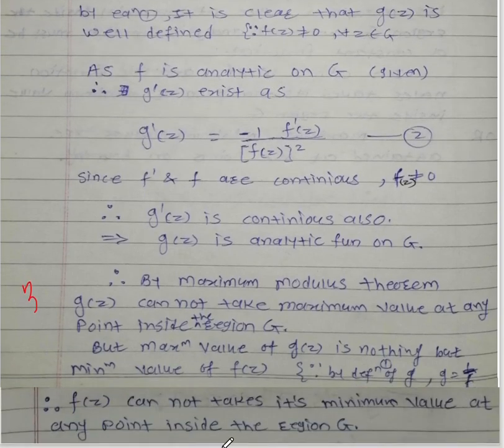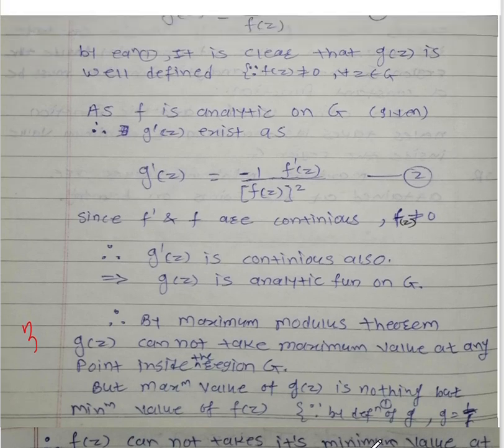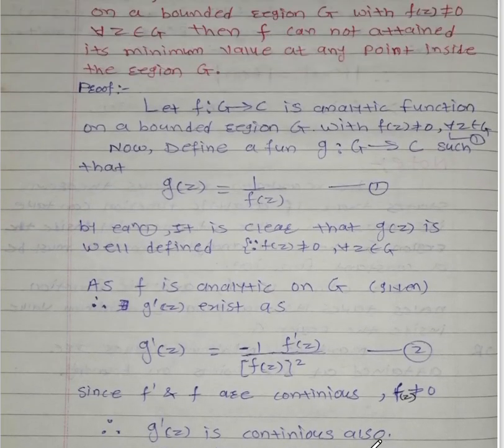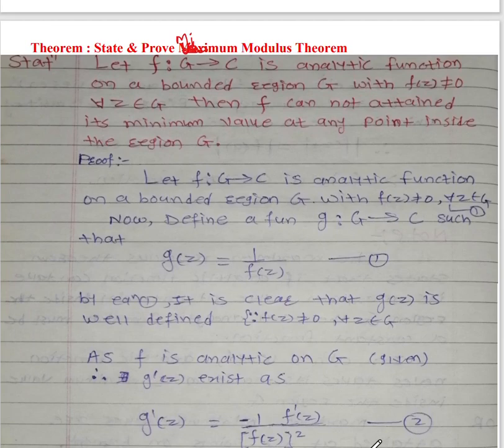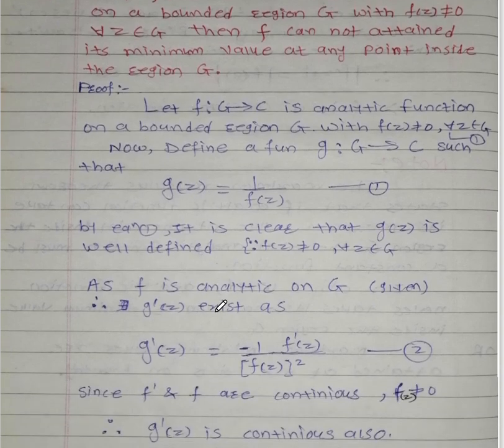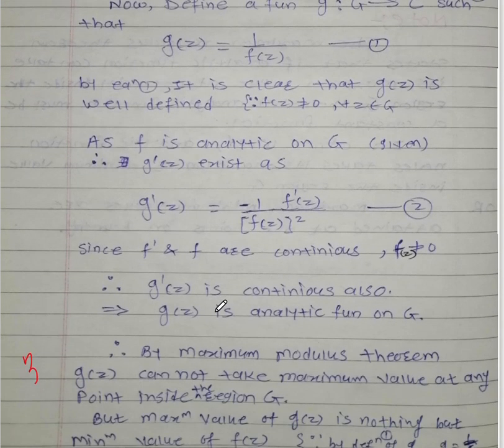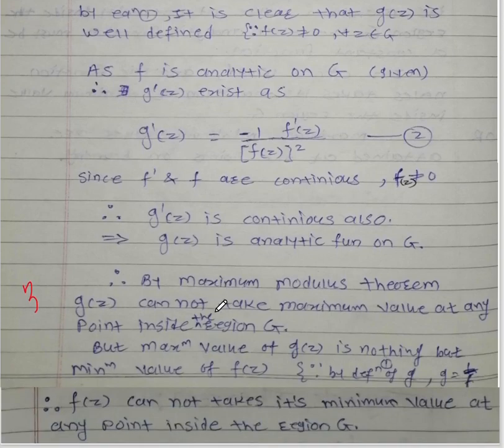Therefore f of z cannot take its minimum value at any point inside the region G. Okay, so this is the proof of the minimum modulus theorem. This is the statement and this is the complete proof of the minimum modulus theorem. In the next lecture we will see the next point of this unit number 2.